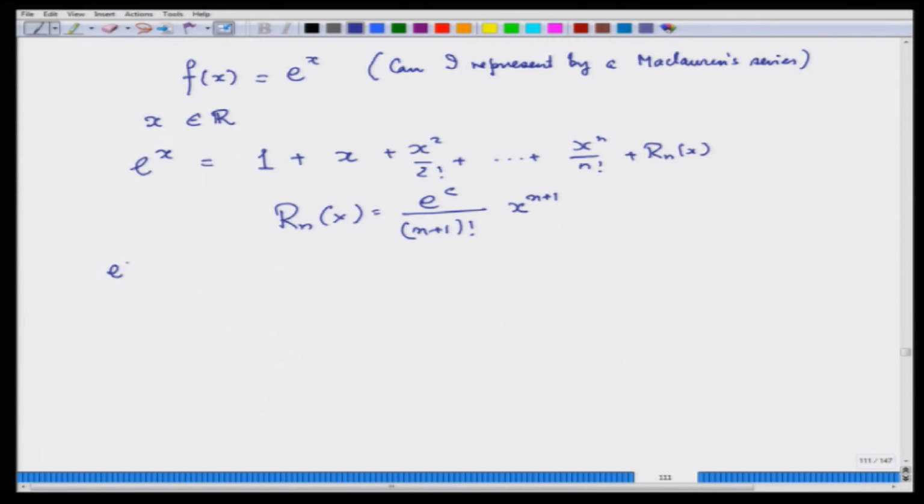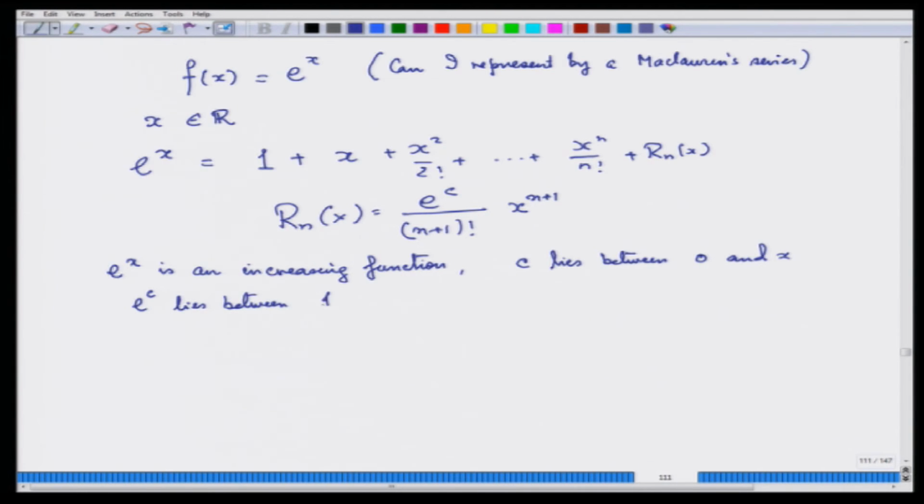So, e^x is an increasing function. Now, c lies between 0 and x, and e to the power c lies between 1 and e to the power x.